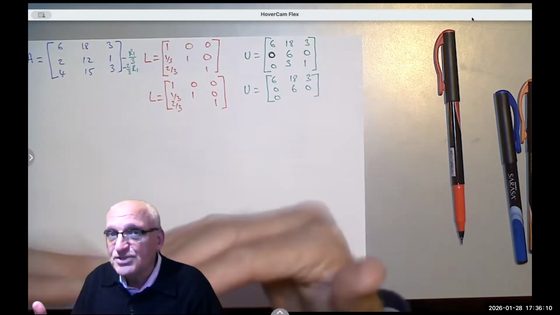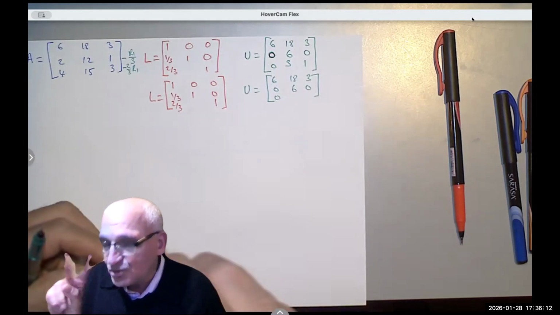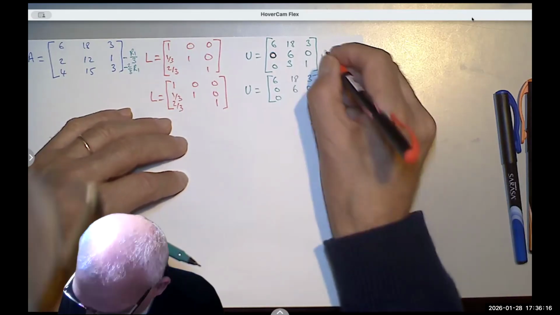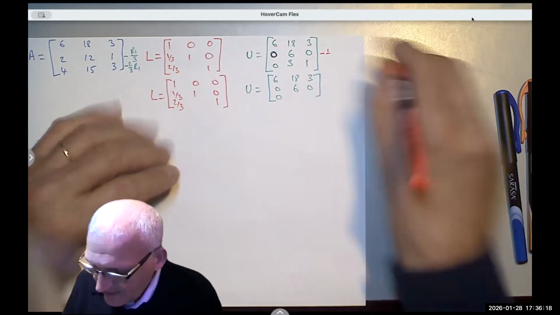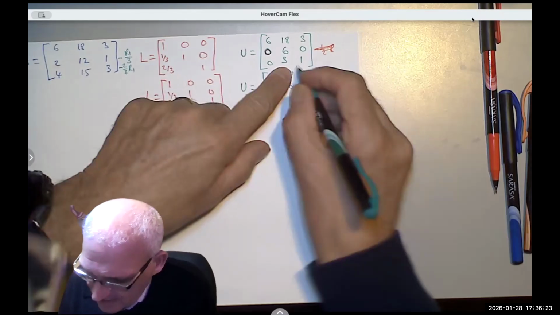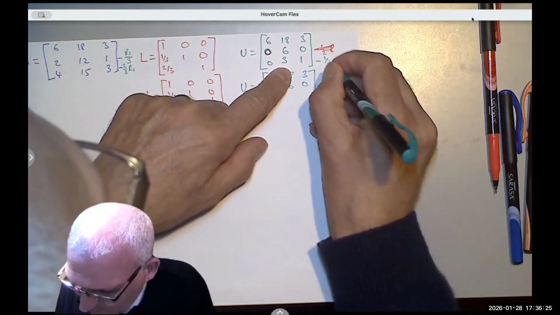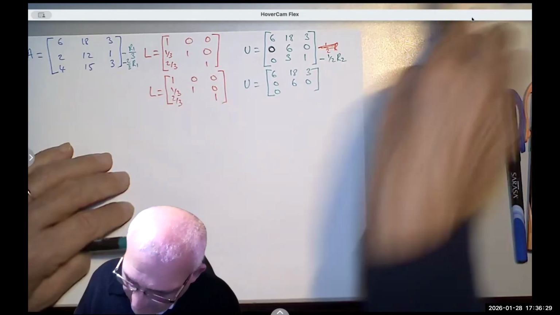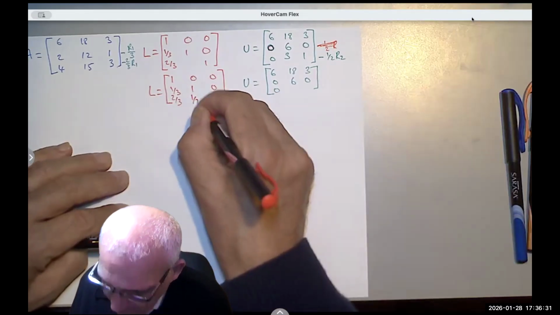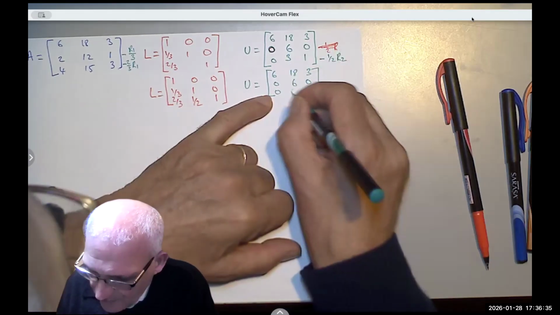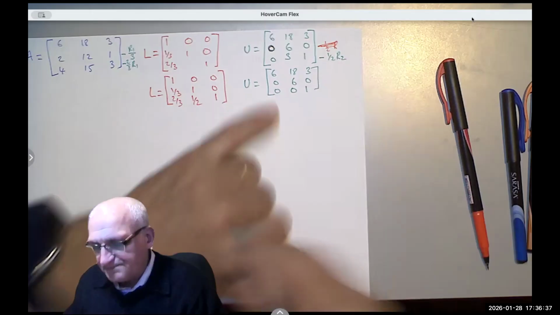So I add or subtract multiples of the second row. It's a 6, so I need to divide it by 2 and subtract. So I'm going to subtract 1/2 of R2. And because I'm going to subtract 1/2, I would write here 1/2. And then say 3 minus half of 6 is 0, and 1 minus half of 0 is 1.